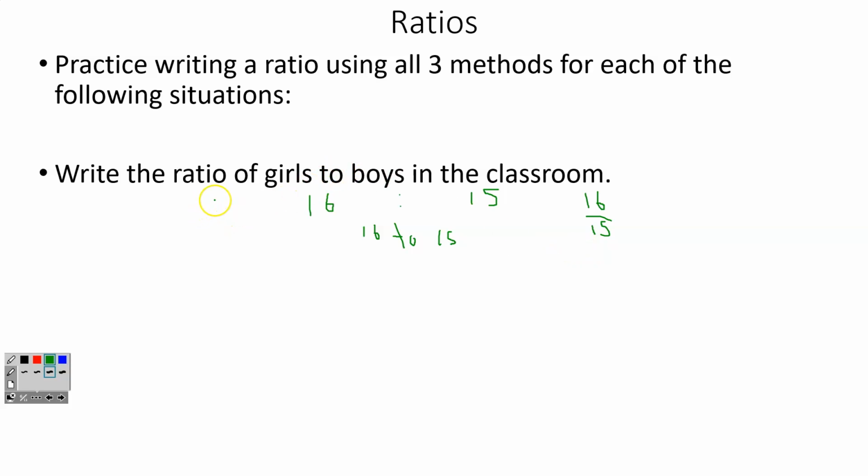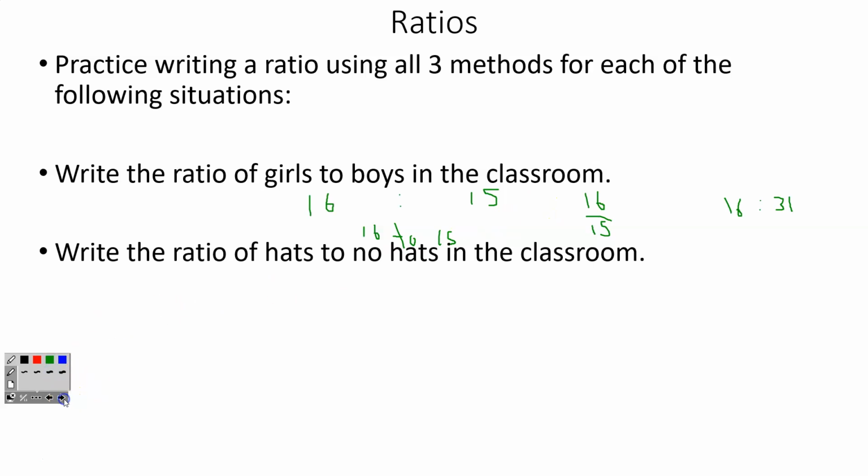Now, if I were to change it to the ratio of girls to students in the classroom, then it would be different. It would be the girls with the total, which would be 16 plus 15, which is 31. So again, watch the wording on it. Or how about the ratio of hats to no hats in the classroom?